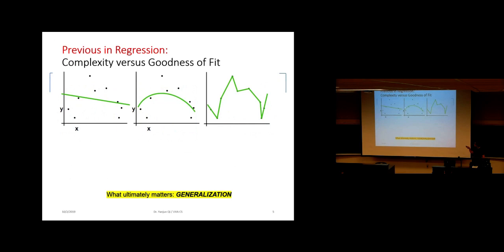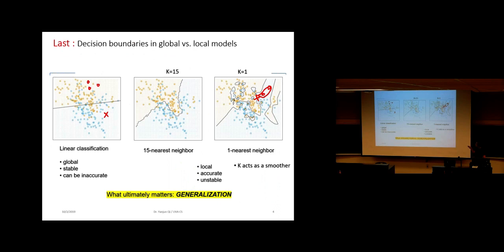This vertical is the Y dimension, and in this figure, the color of the circle means Y. This is X1, this is X2, and Y is orange versus blue.